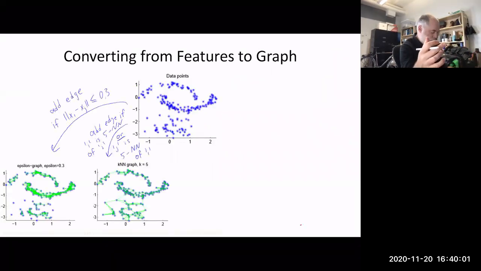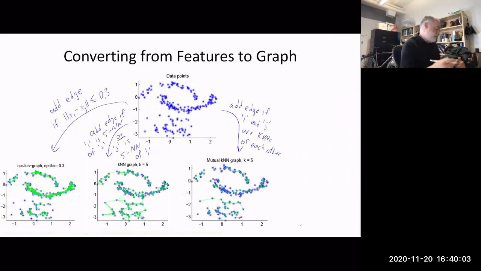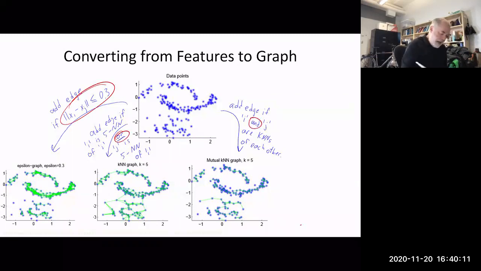And graphically, it's really obvious what's going on. There's the epsilon ball approach, which just adds an edge if you're below some threshold. Then there's k nearest neighbors, where you either look at or and relative to whether or not data points are k nearest neighbors of one another. The and, generally speaking, won't connect outlier points.